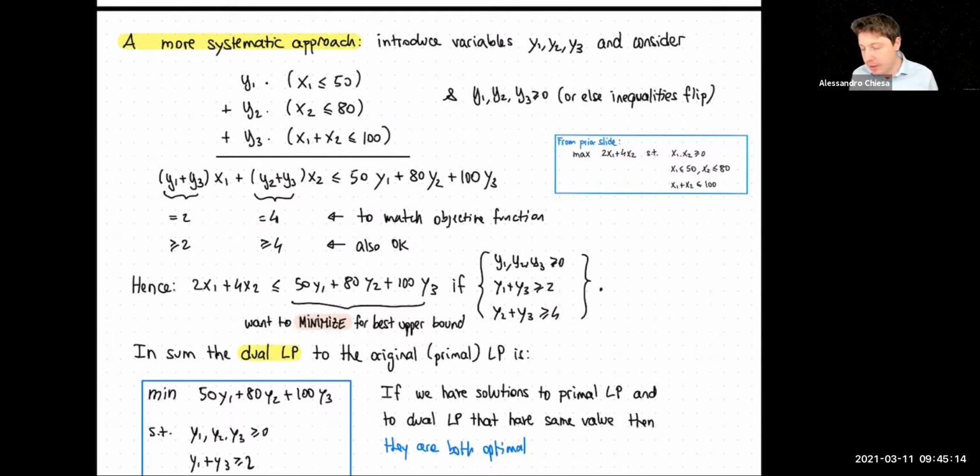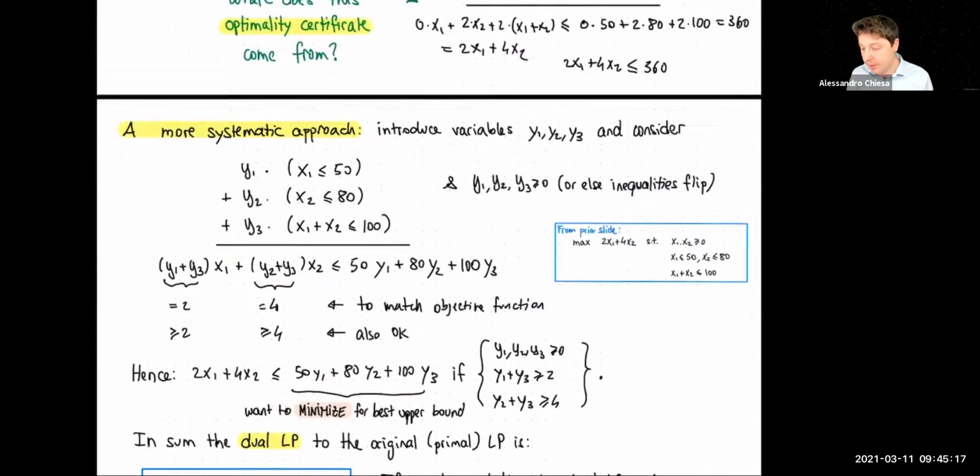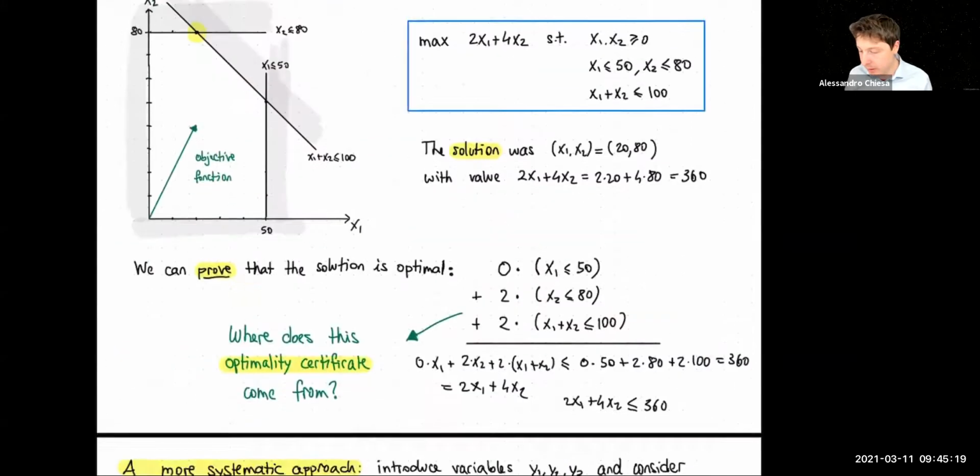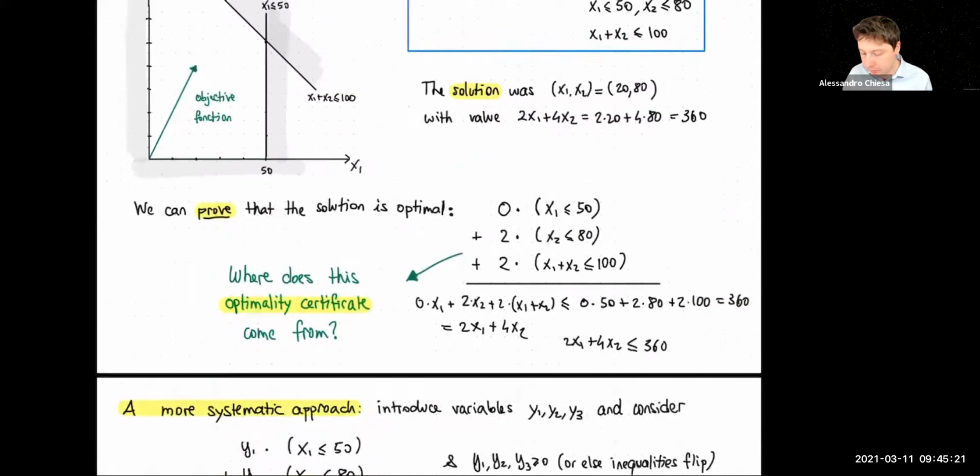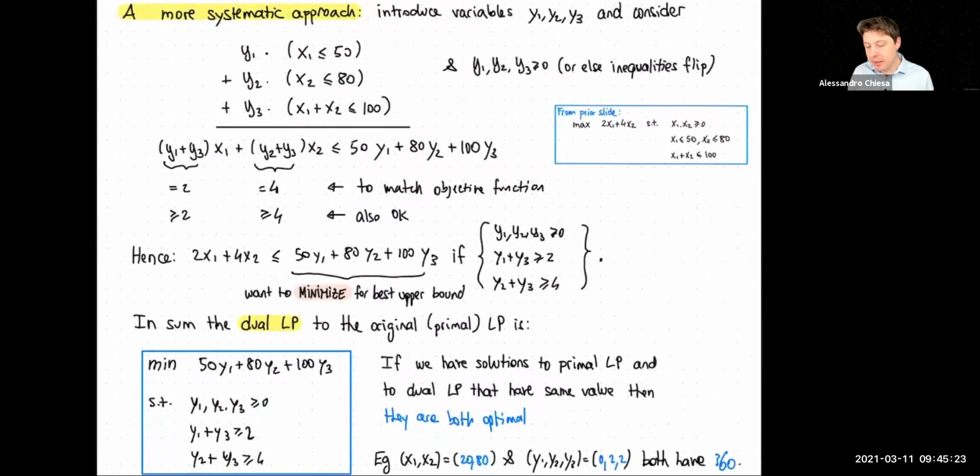But really, because x1 and x2 are non-negative, it is sufficient, but not necessary, for these things to equal 2 and 4. It's enough to just have them at least 2 and at least 4.